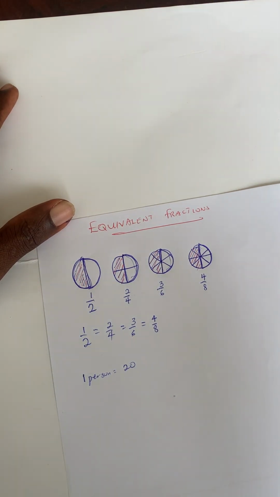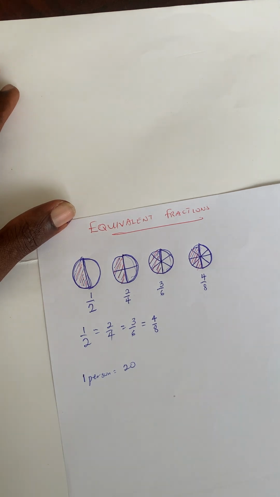Now what if the 40 cedis is in four 10 cedi notes? Then one person will get 2 of them, another person will get 2 of them. If it is in eight 5 cedi notes, one person will get 4 of them, still totaling 20 cedis. Another person gets 4 of them, still totaling 20 cedis.